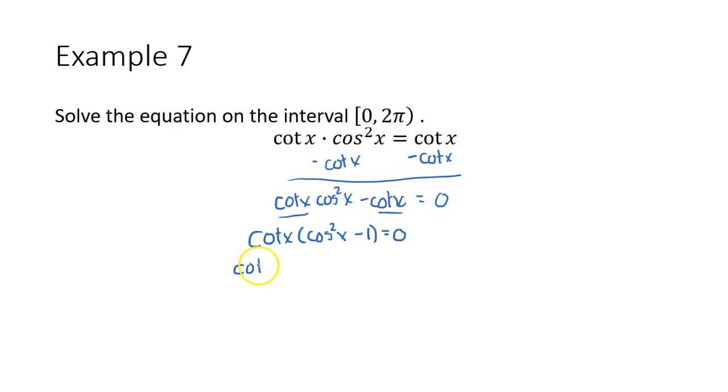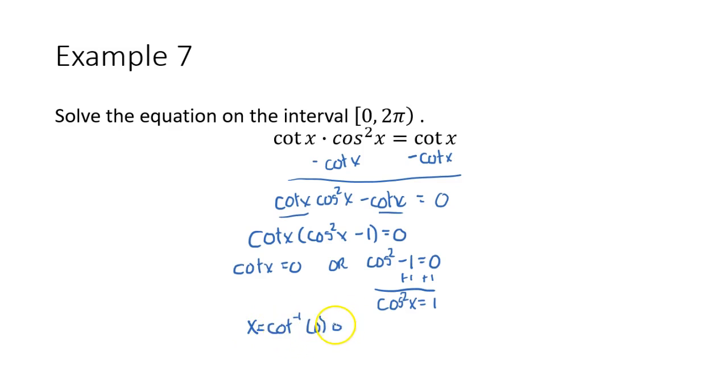That means the cotangent of x is going to be equal to 0, or the cosine squared of x minus 1 is going to be equal to 0. And if we add this 1 to the other side, we'll have the cosine squared of x equal to 1. All right, over here, if the cotangent of x is equal to 0, then we can say x is equal to the inverse cotangent of 0.